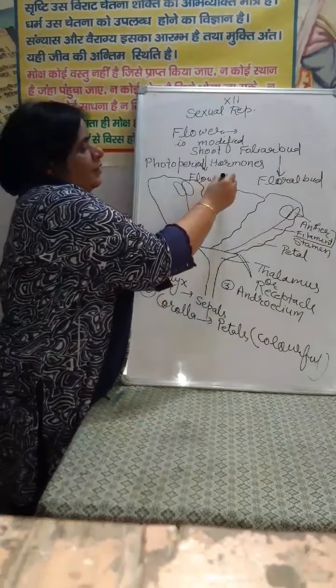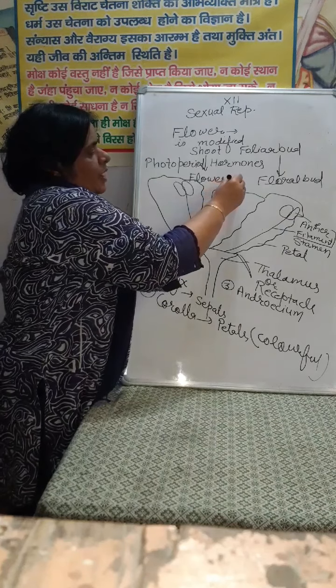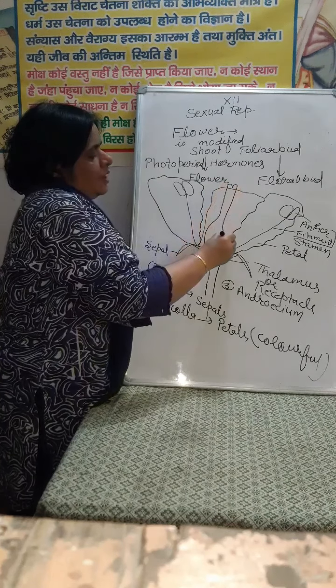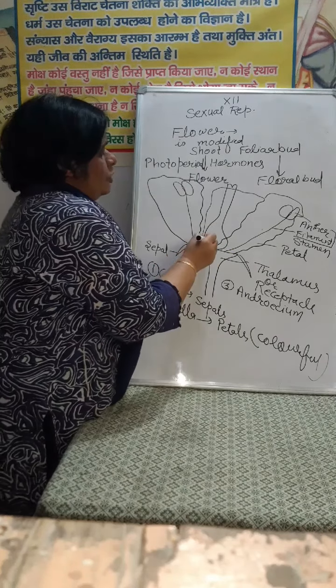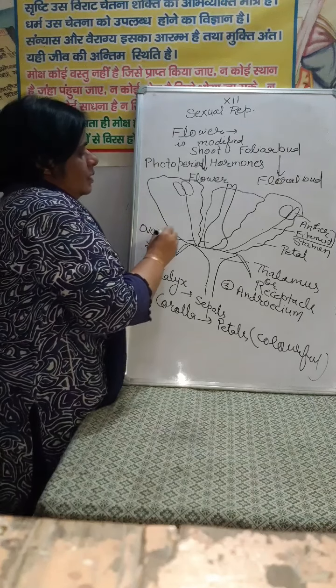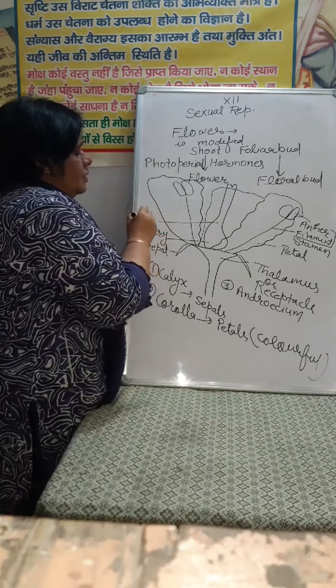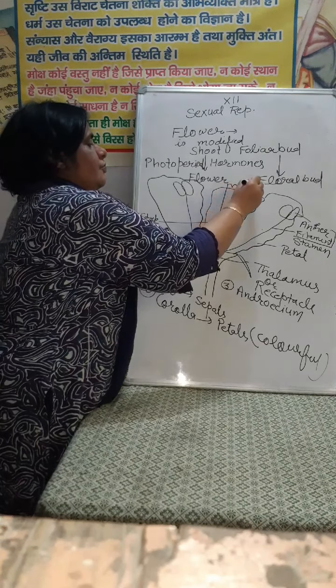And the next part is the female reproductive part, that is called gynoecium. Gynoecium consists of this swollen portion that is called ovary, this long style, and this is stigma.